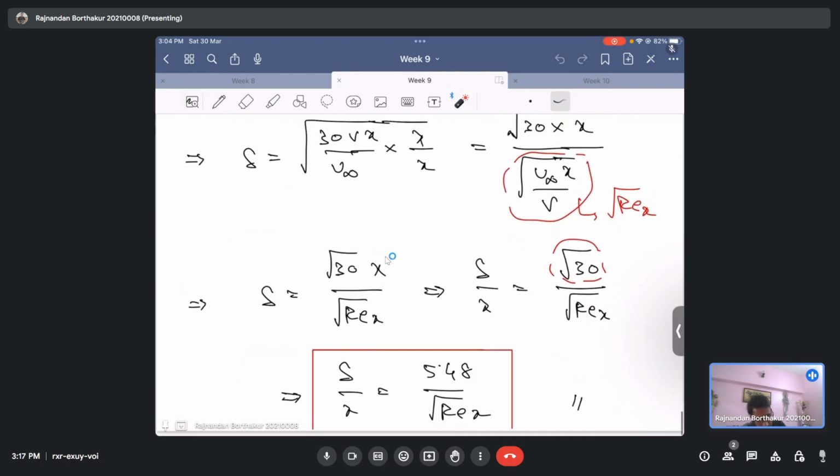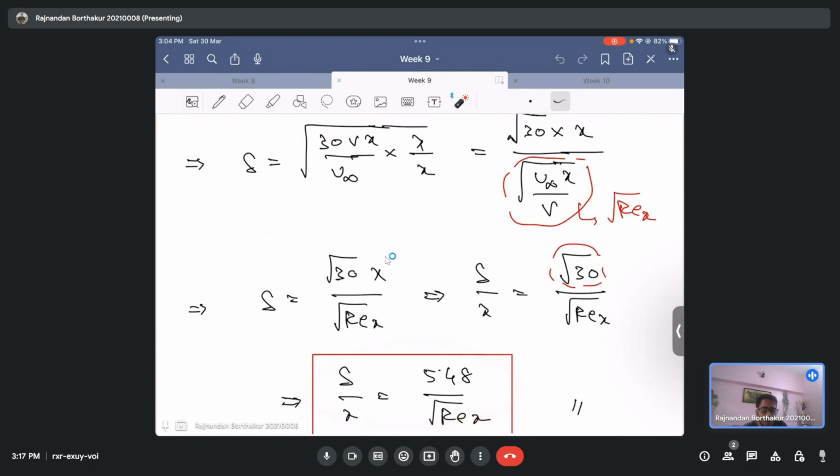We found that by choosing a parabolic velocity profile, which satisfies the boundary condition at the far field and at y equal to 0, delta by x varied as 5.48 by square root of Re x.